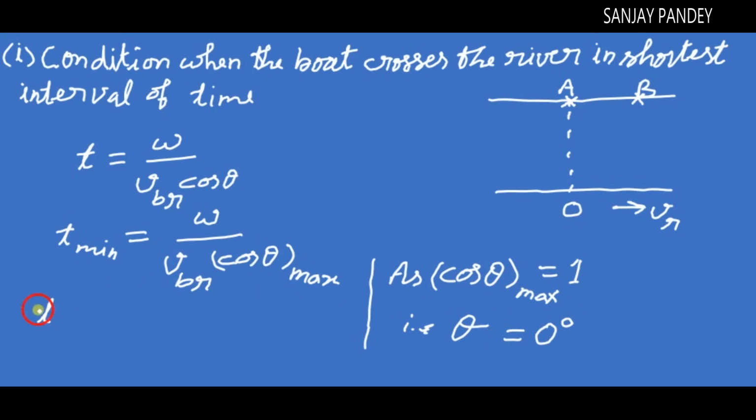So T minimum, that is the shortest time, will be W upon Vbr into 1, that is W upon Vbr. It is the shortest time taken by the boat to cross the river. For it, the direction of velocity of the boat will be along OA, with respect to the river.